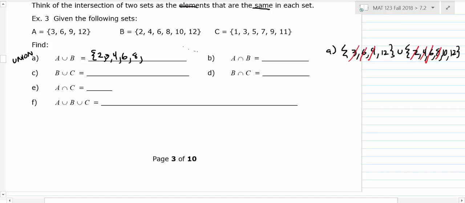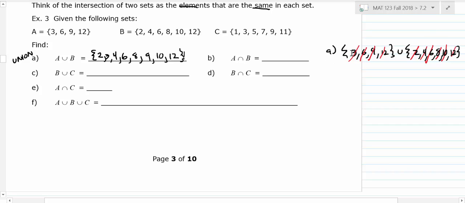Again, I'm trying to do this in numerical order, so I put a 9 in there. Then I see a 10. So I'm just kind of scratching things out. That's how I keep track of things. So a 10 is in there. And then I see a 12. Now, do I need to write the 12 twice? No. Don't duplicate.